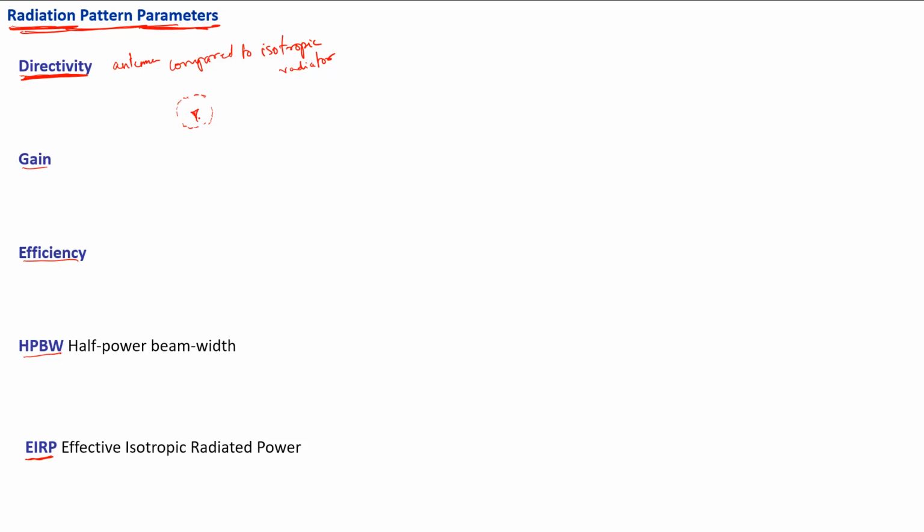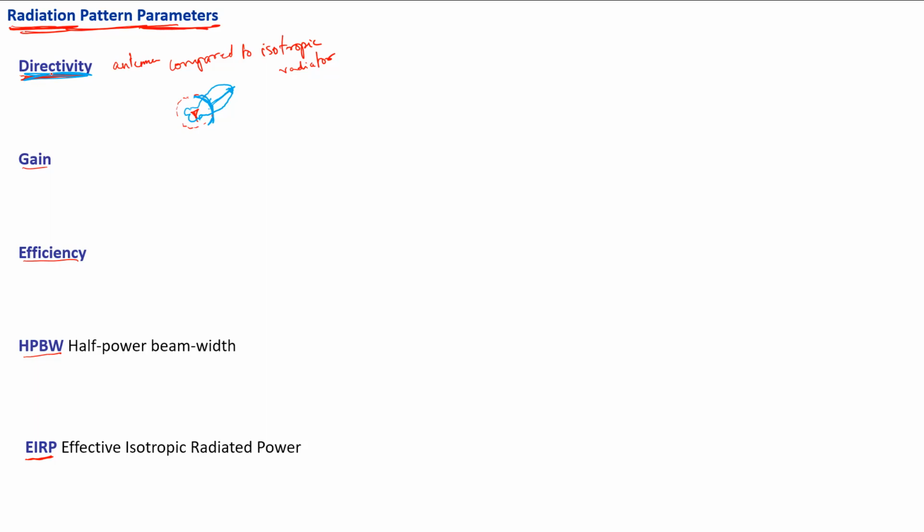If I had a directional antenna instead, all the directional antenna is essentially doing is squeezing this ball. Imagine this to be a stress ball. If you squeeze it, you are likely to radiate more in a particular direction compared to this isotropic radiator. This change in the power density, meaning how many watts per meter square you are radiating in this particular direction compared to an isotropic radiator, is what we call directivity.